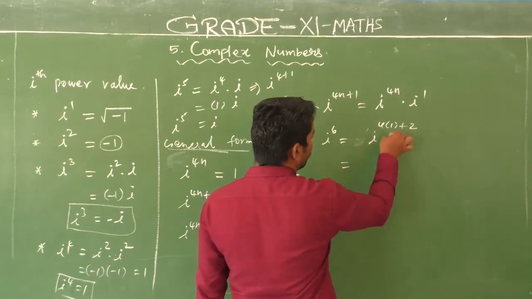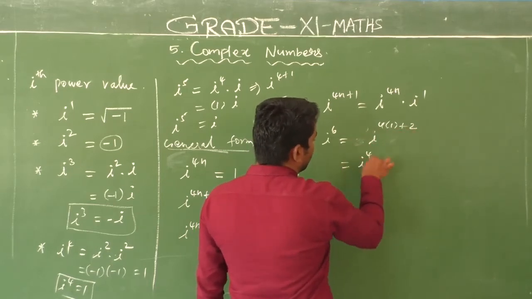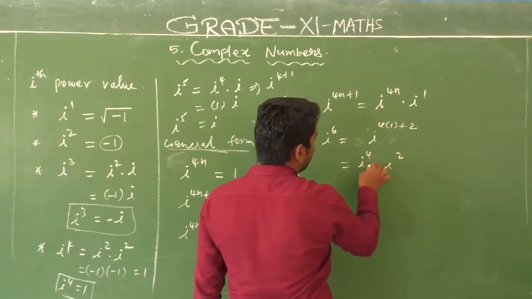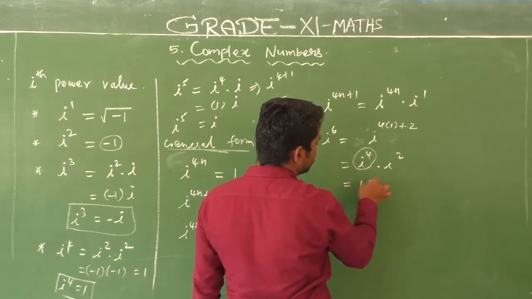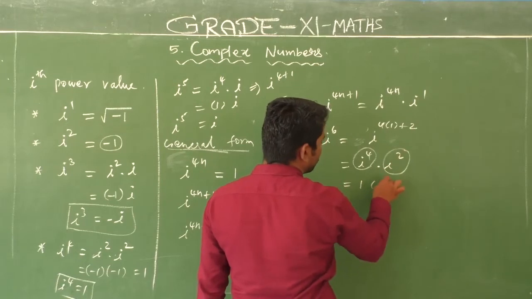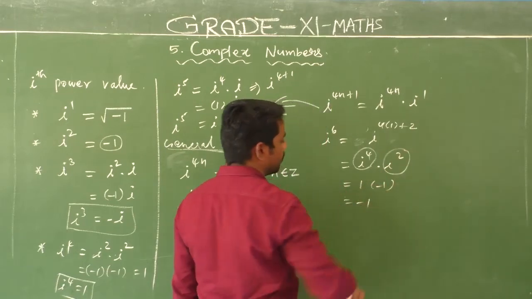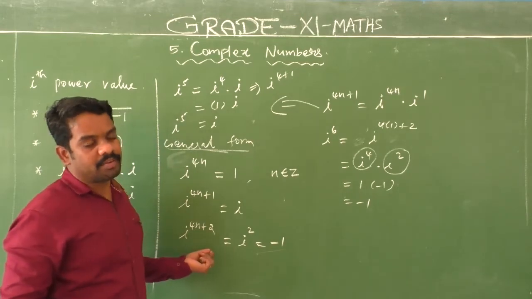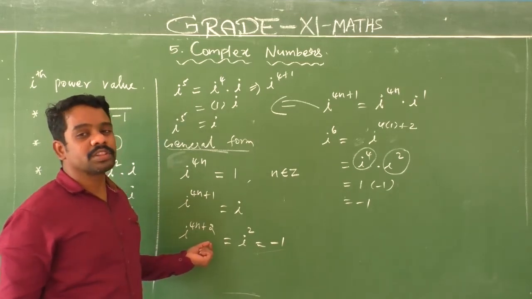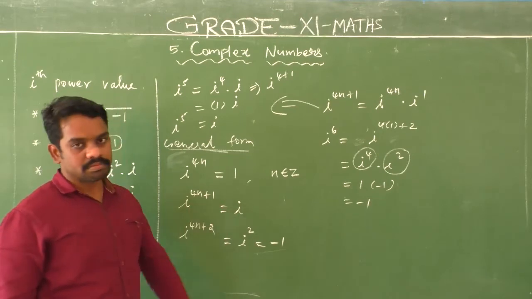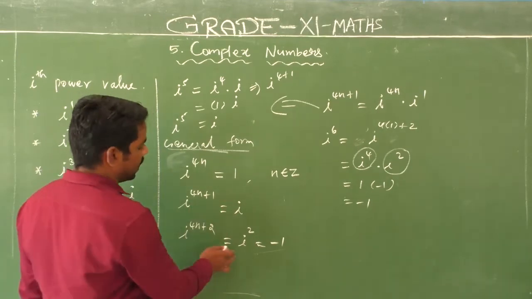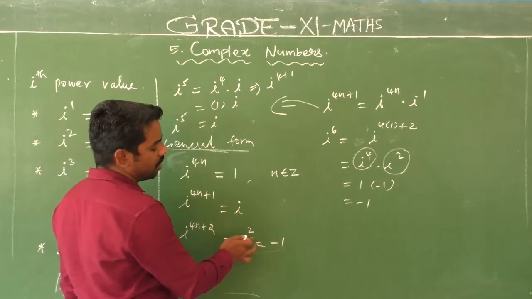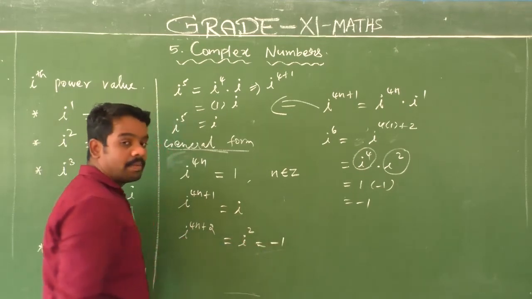So i power 4 into i power 2. The i power 4 value is 1 and the i power 2 value is minus 1, so 1 into minus 1 is equal to minus 1. So for a multiple of 4 plus 2, i power 4n plus 2 is equal to i power 2, that is minus 1.